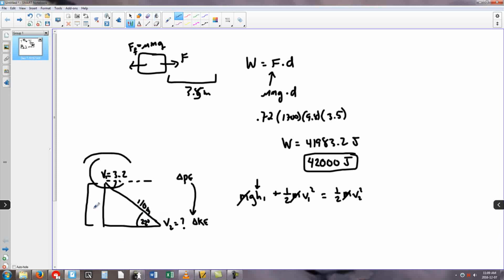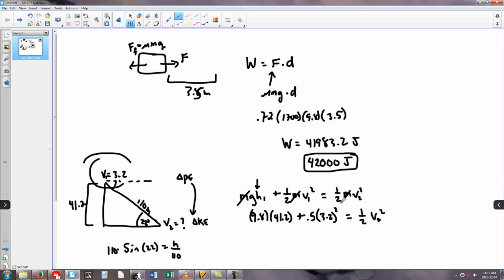Based on the fact that I want the opposite from 22 and I have the hypotenuse, I'm going to do the sine of 22 equals, we're going to call this h over 110. If we times by 110, we learn that the height of the hill is 41.2 meters. That makes this 9.8 times 41.2 plus 0.5 times the velocity he had to start was 3.2 squared will equal 1/2 v2 squared.